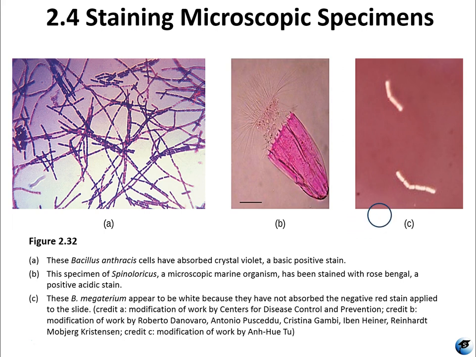A negative stain over here uses an acidic dye, and the acidic dye is actually repelled by the cells. So the basic dye is attracted to the cells. Acidic dyes are repelled by the cells. So the background in a negative stain is stained and the cells remain transparent. Okay, simple stain, negative stain.